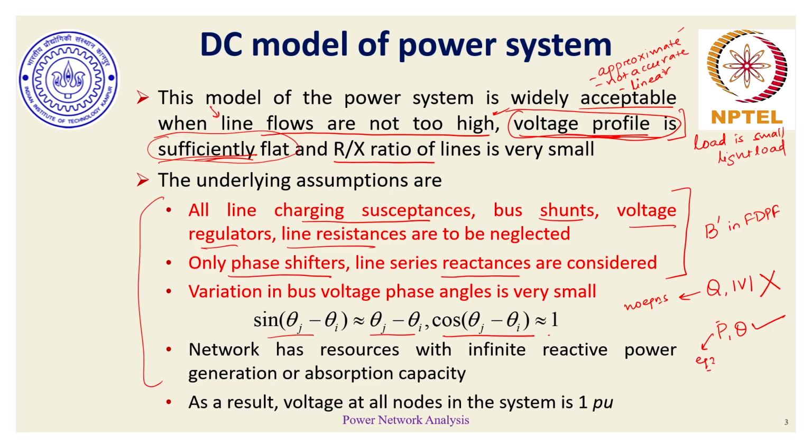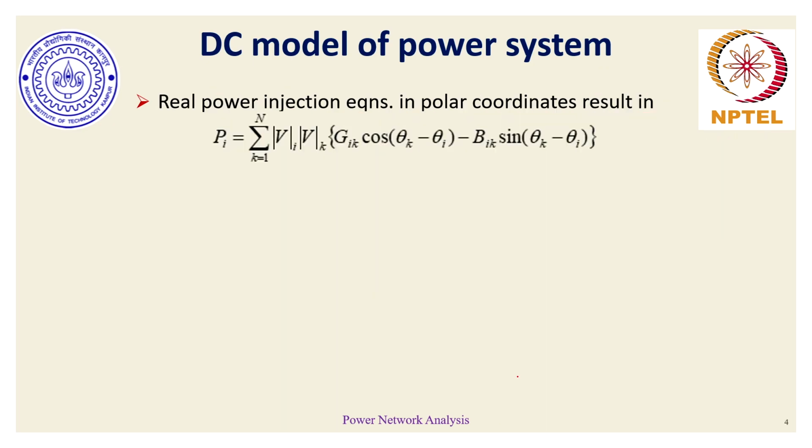So as a result, the voltage at all nodes is equal to 1 per unit because the profile is almost flat and infinite reactive power capacity exists. If we look at our real power injection equation at bus i, since voltage magnitudes are close to 1, these terms become close to 1. Cosine of theta k minus theta i is equal to 1. Gik is not to be considered. Why?